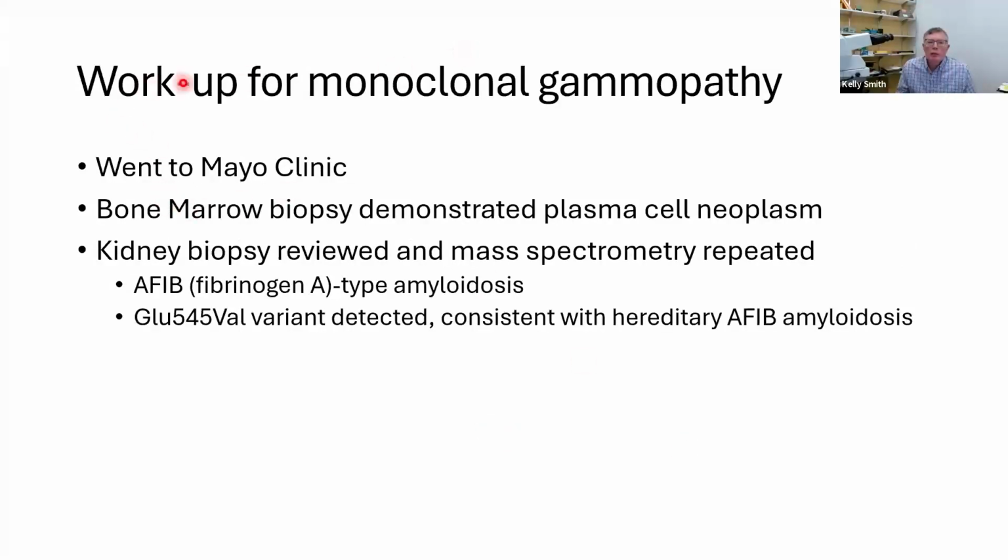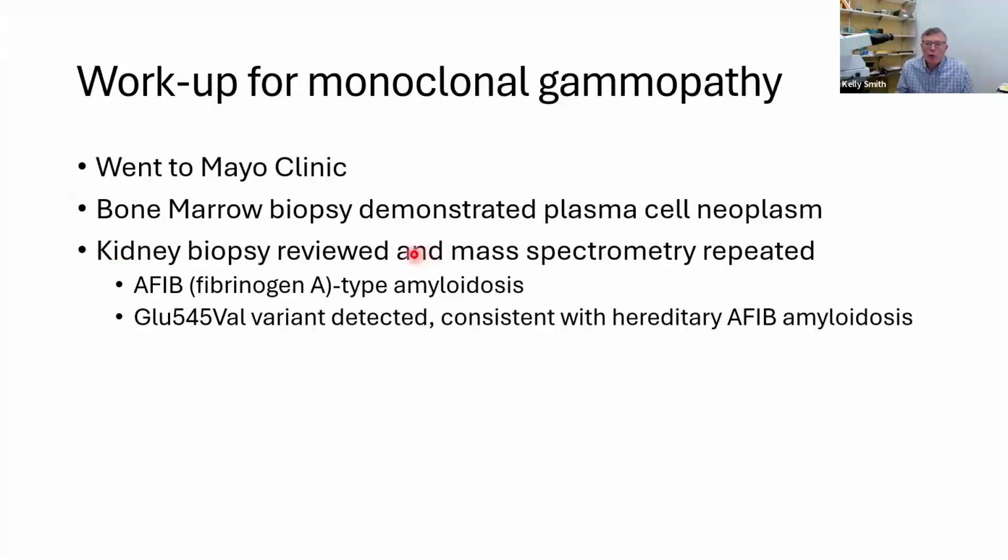So the patient had a workup for monoclonal gammopathy, and due to some insurance reasons and other reasons, he ended up going to the Mayo Clinic, and they did a bone marrow biopsy that demonstrated a plasma cell neoplasm.